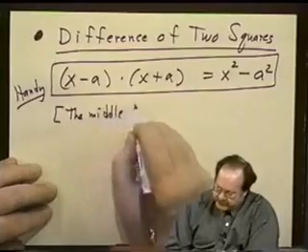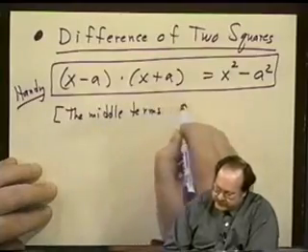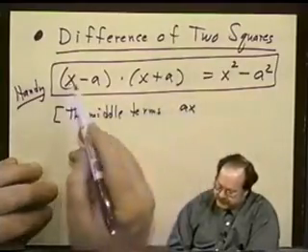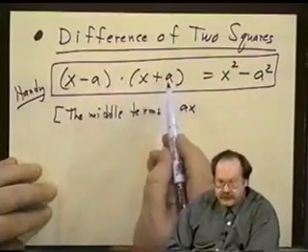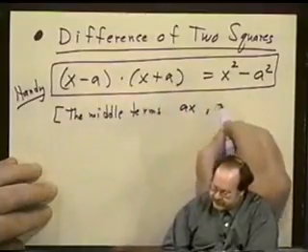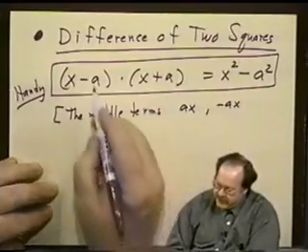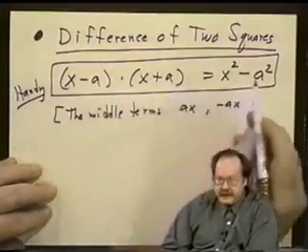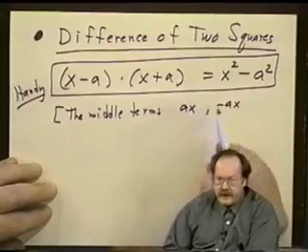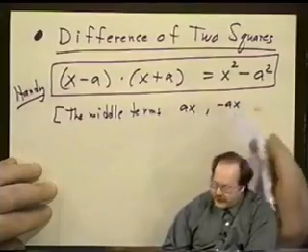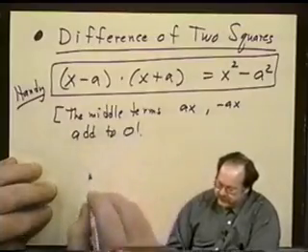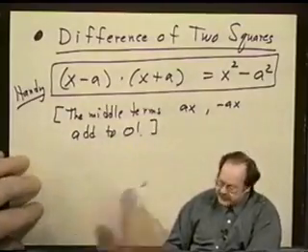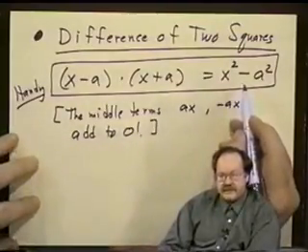The middle terms, here's the first one, ax. That's the x times a I just talked about. And then minus a times both of these, minus a times x, minus ax. And then the last one will be minus a times a, and that'll be minus a squared. Well, look what happens to the middle terms. You have ax and minus ax. The middle terms add to 0. So they disappear. And that's the reason over here you just have the difference of two squares and no middle term.